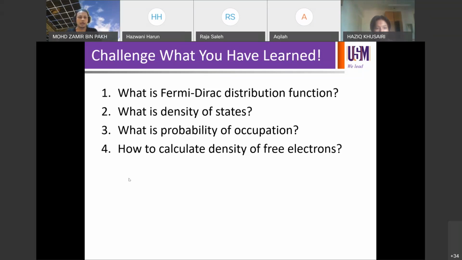Okay, what is probability of occupation? Number 3. Before we move on to intrinsic and extrinsic, what is probability of occupation? How would you define it?